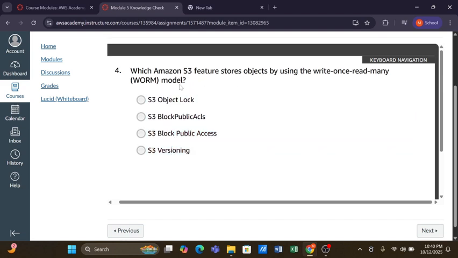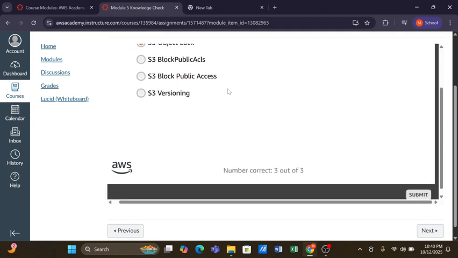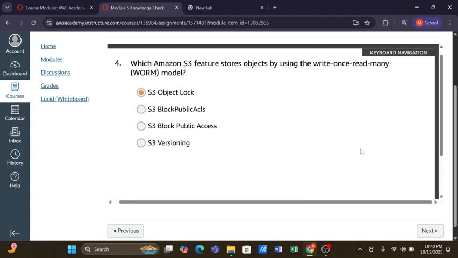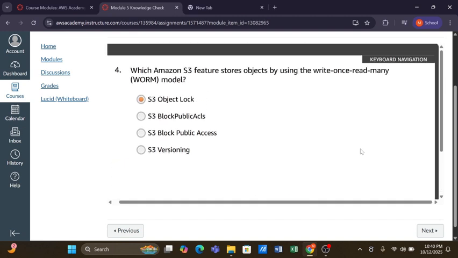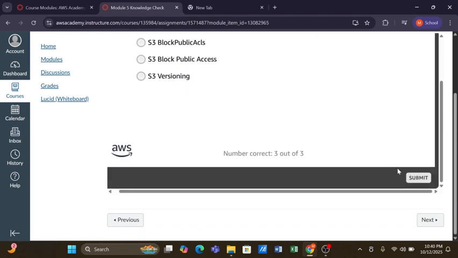The answer is S3 Object Lock, because we can write once and read multiple times the data which is stored in Amazon S3 buckets.